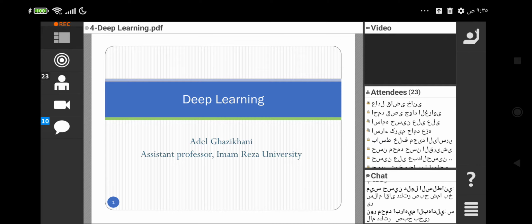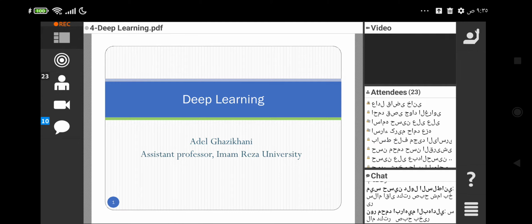Processing videos and images is a very important subject that we have, and this could be done using deep learning.